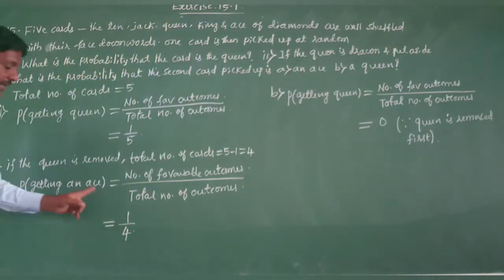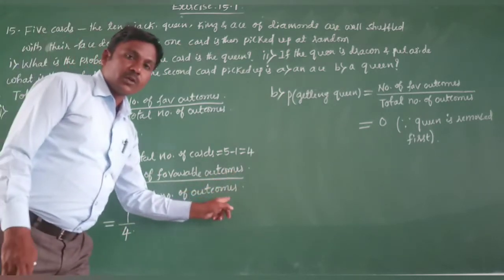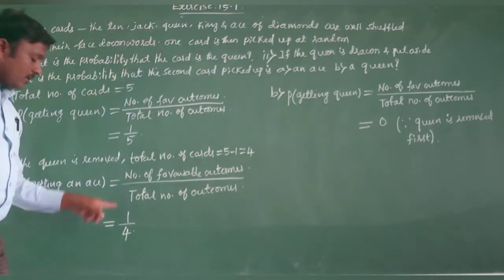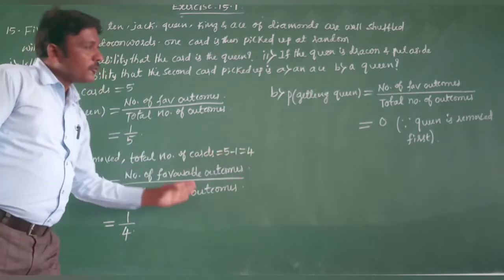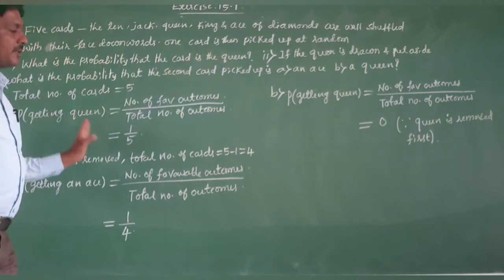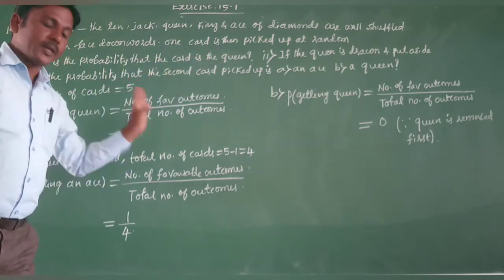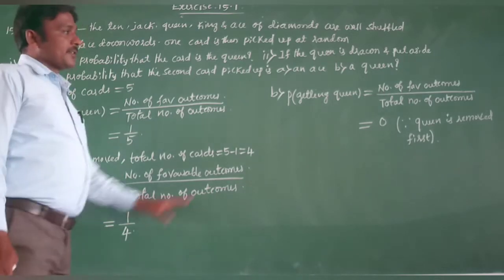Probability of getting an ace is equal to number of favorable outcomes divided by total number of outcomes. So ace is only 1 divided by 4. In this case, total number of cards will be 4 because queen is taken out, drawn and kept aside. So 1 by 4 will be the probability of getting an ace.